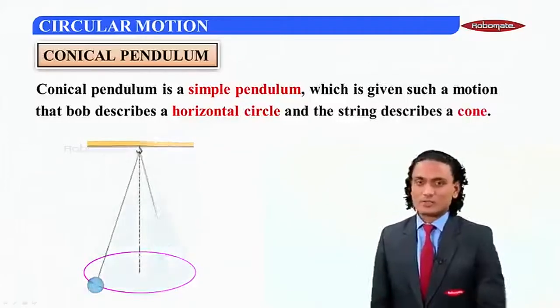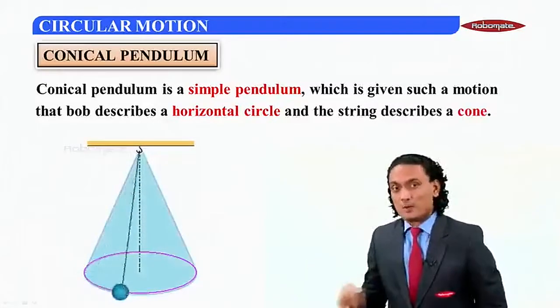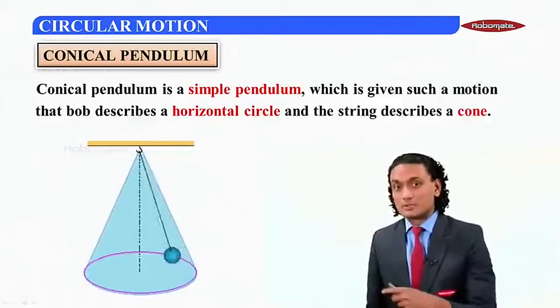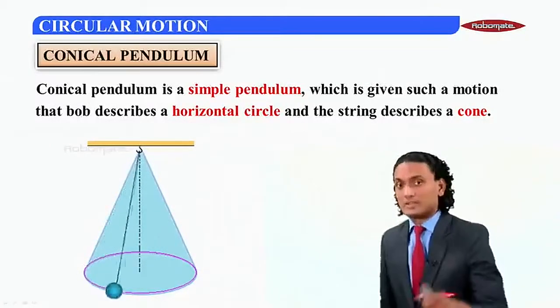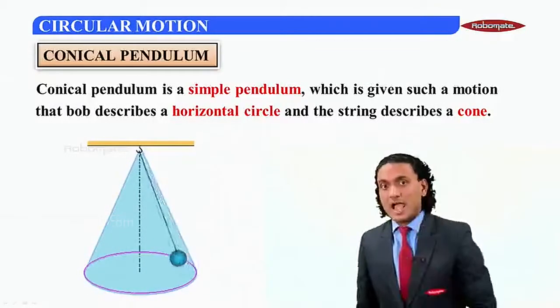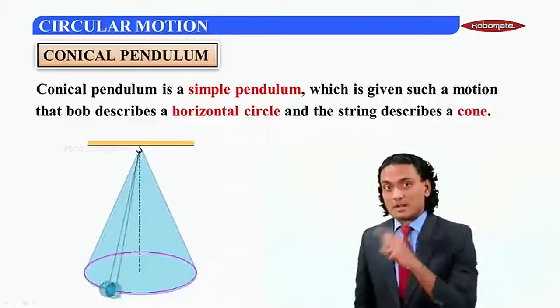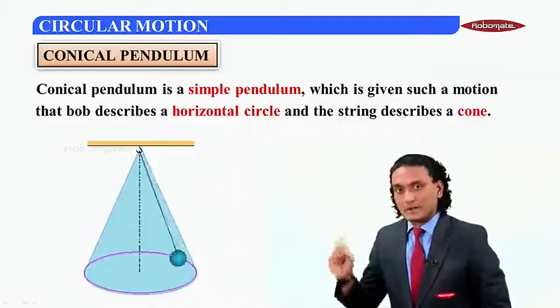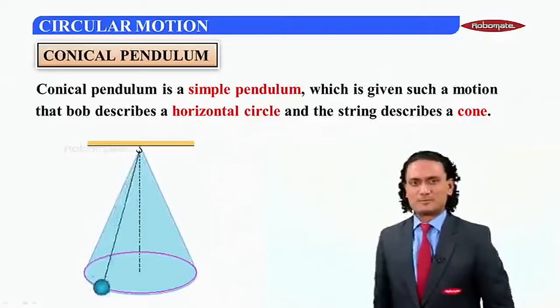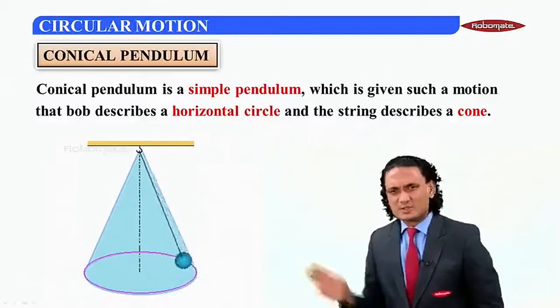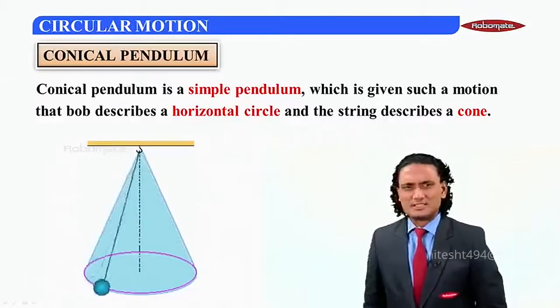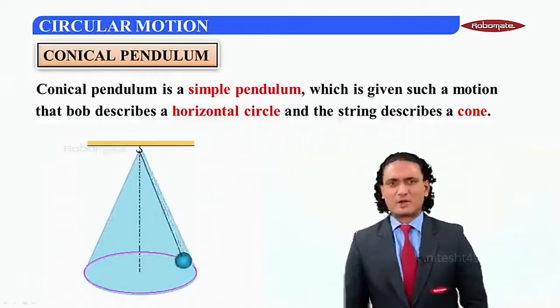So how will it look? It will look like this. The bob describes a horizontal circle, which means it performs a circular motion, and the string of the simple pendulum describes a cone. Such a pendulum is called a conical pendulum. Isn't it easy? It's not that difficult. Is that clear? So this is the definition of conical pendulum.